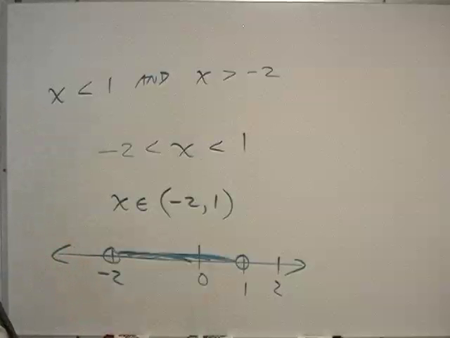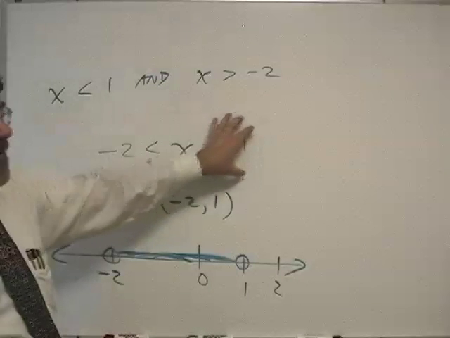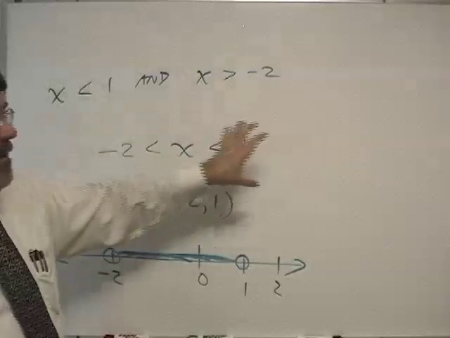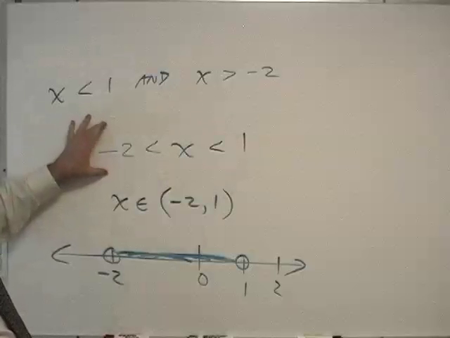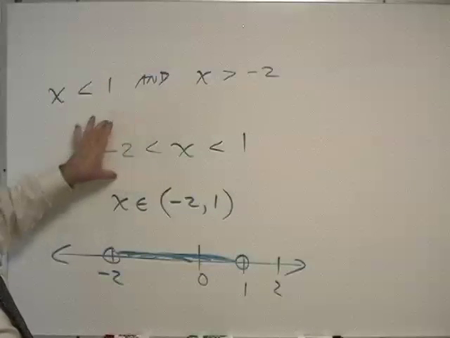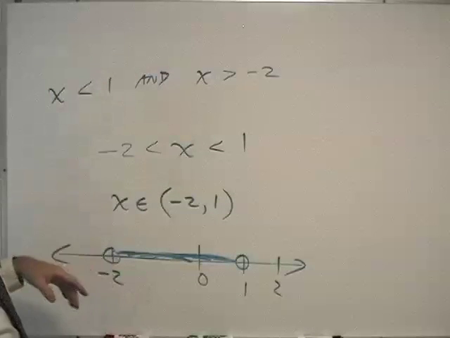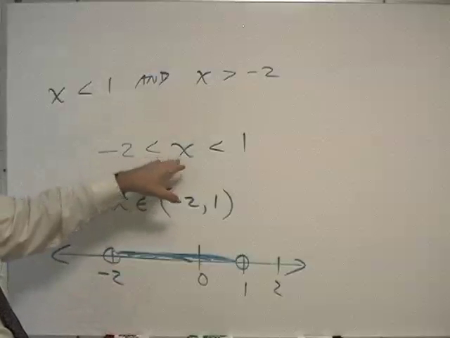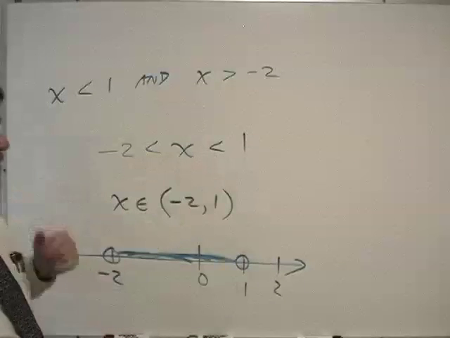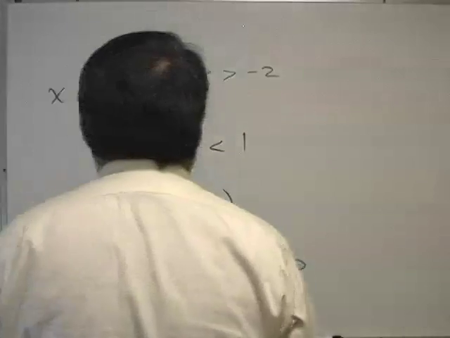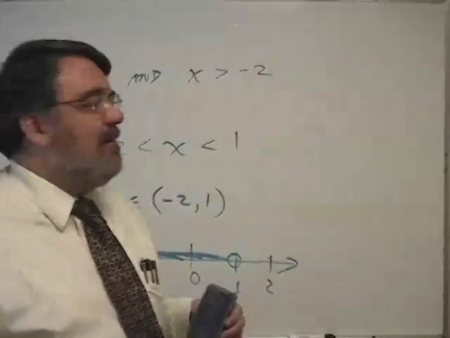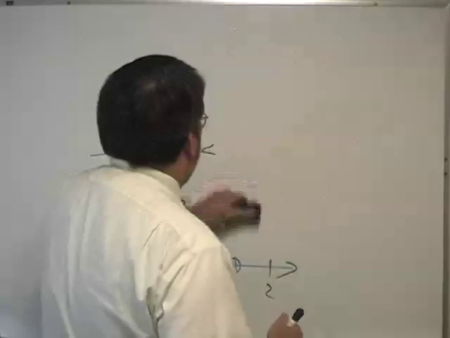All right, so these inequalities, which is one of the types you're going to work with, will look like this. It won't look like this, but this implies an "and" situation where -2 is less than x and also x is less than 1.